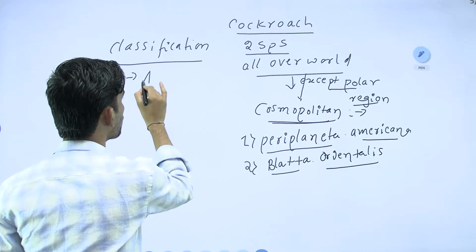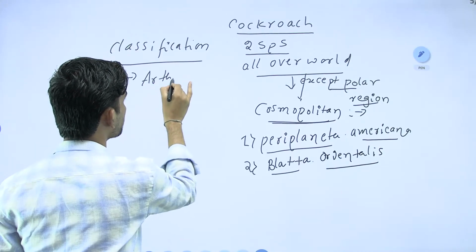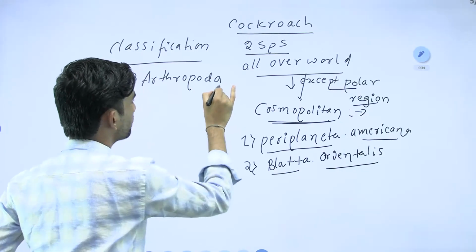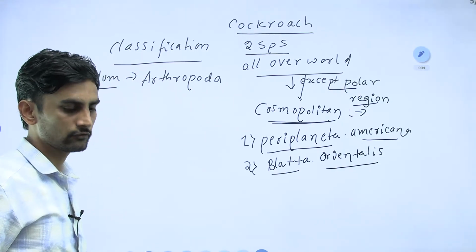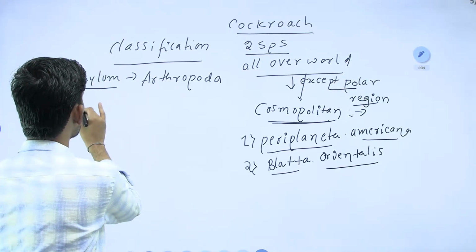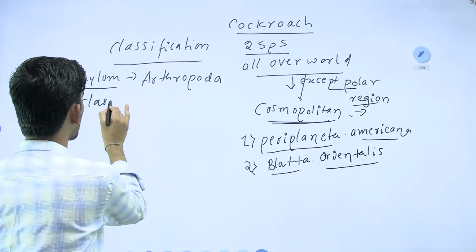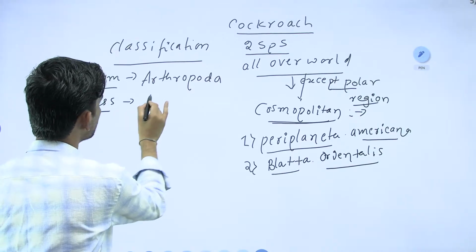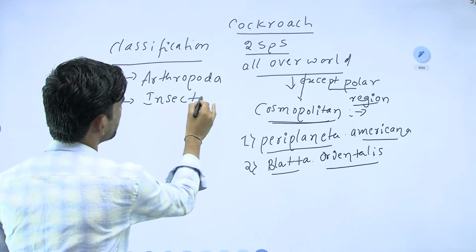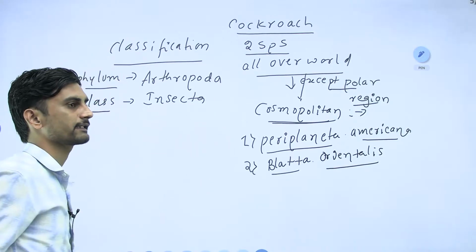Phylum Arthropoda. Cockroaches belong to phylum Arthropoda. And number two, which class: the largest class in the whole animal kingdom, class Insecta.